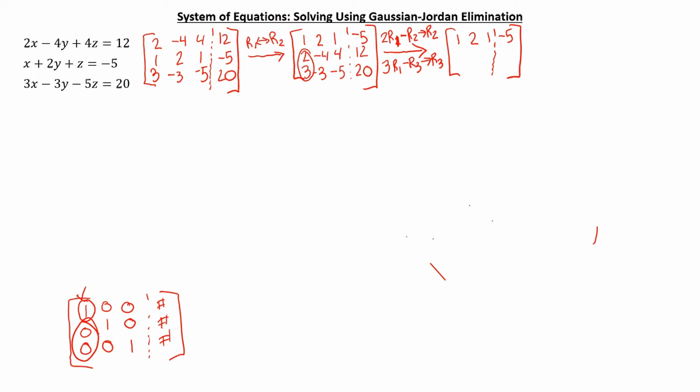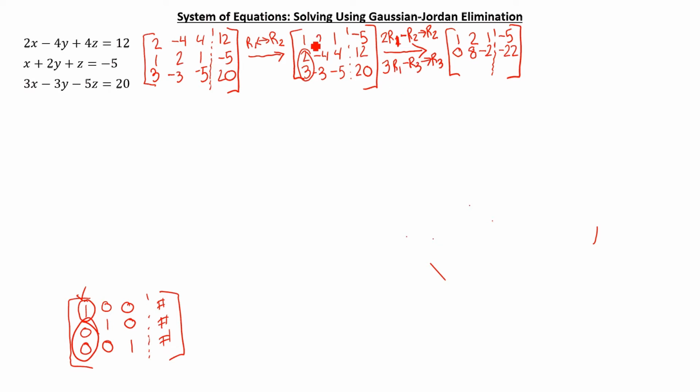Row 1 remained the same. Row 2 will become, well, now we're going to do 2 times 1 minus 2 gives me 0. 2 times 2 minus -4 gives me 8. 2 times 1 minus 4 gives me -2. And 2 times -5 minus 12 gives me -22. Good. Now our next step is going to be to take 3 times row 1, subtract row 3.